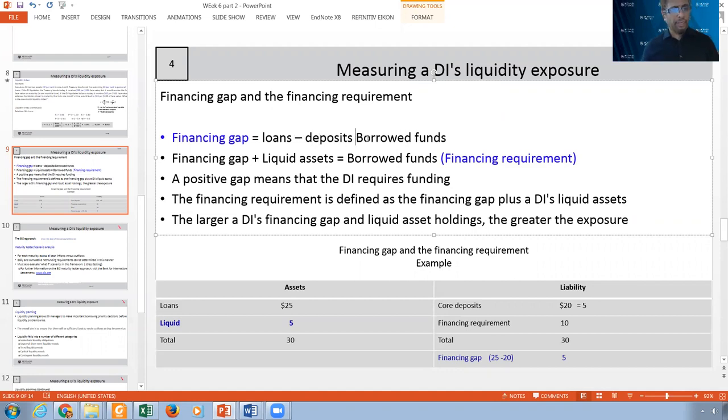This is the financing gap. Please correct it on your side. So it's loans minus deposits, which is this one minus this one.